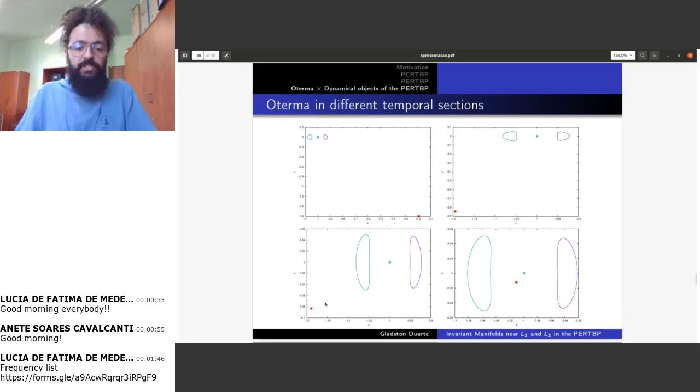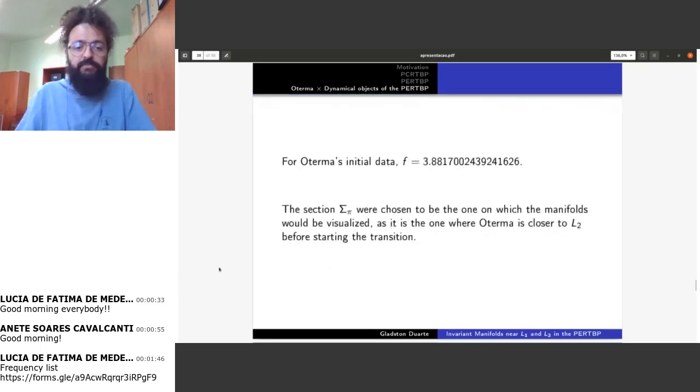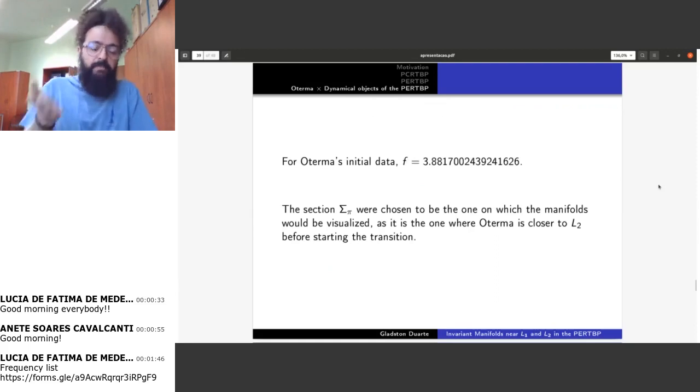So we'll choose the computations to be done in this section. Also, for Oterma's initial data, this is the true anomaly. So let's do the computations in pi.